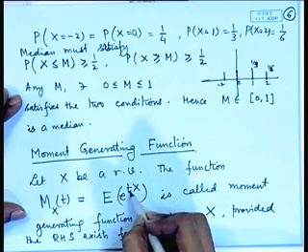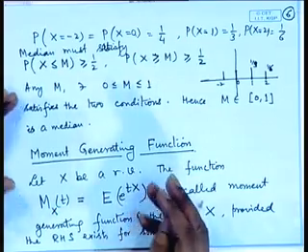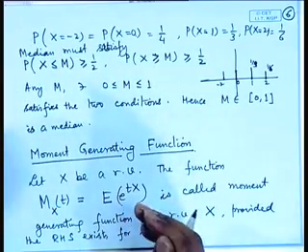As you can see here, at t equal to 0, this will always exist. So, for t not equal to 0, it should exist. That means, if it exists in a neighborhood of the origin, then we say that the moment generating function is well defined.